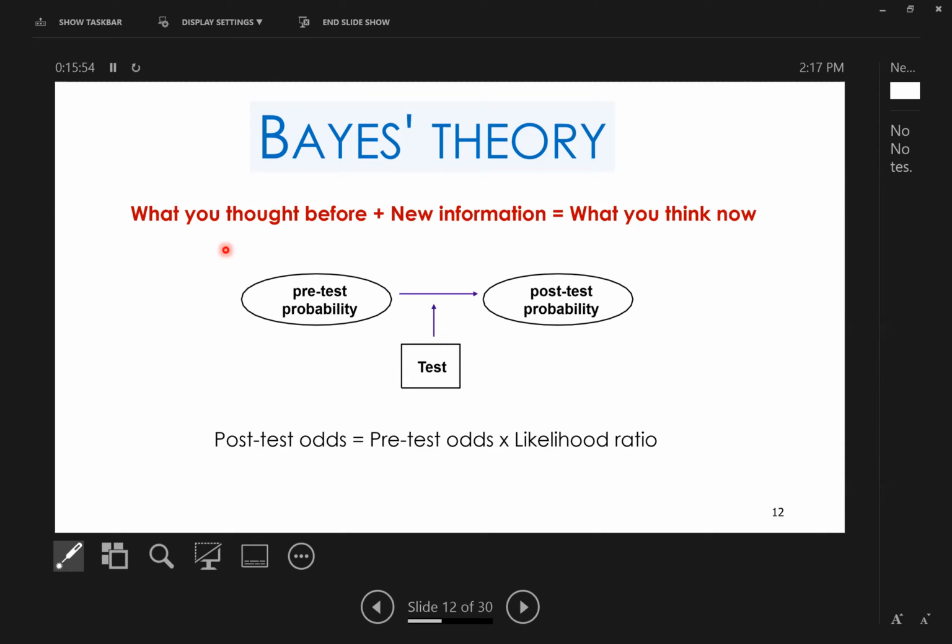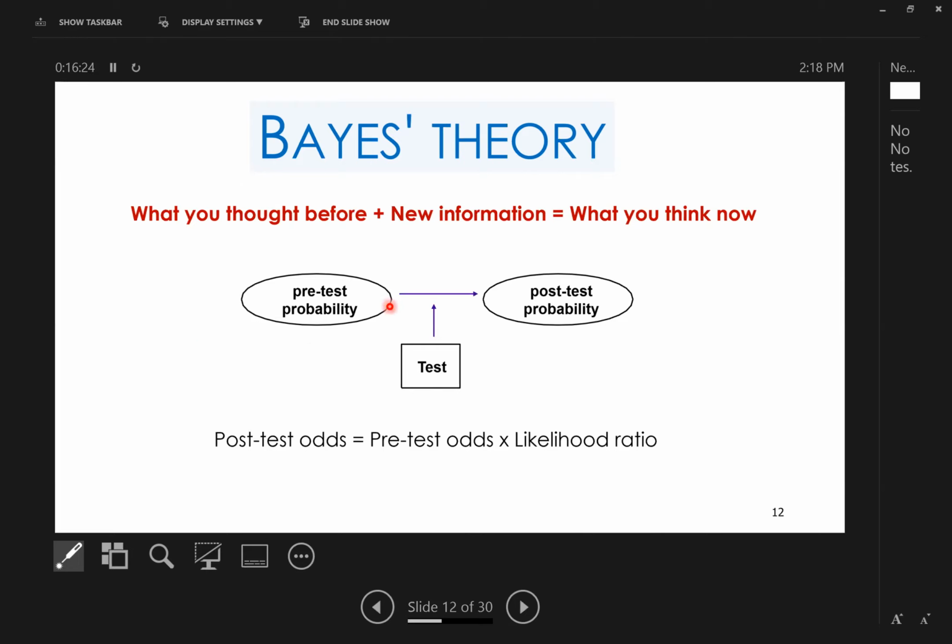Then I order a COVID test, it comes back positive. So in the context of all the information I got from you, plus your history of being exposed to someone with COVID and your classic symptoms, in the context of all of that, a positive COVID-19 test pretty much confirms that you have COVID, right? So I'm taking the history, clinical information, and other information, then I'm ordering a test, and then I'm changing my decision on whether you have COVID or not.